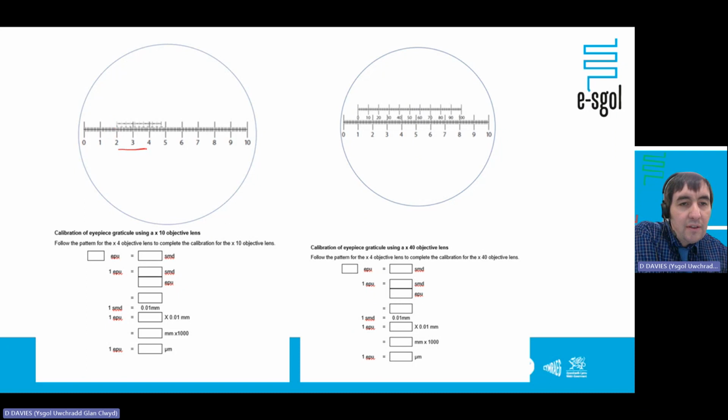So I've got that many stage micrometer units, and I've got 10, 20, 30, 40, 50, 60, 70-something of those eyepiece units. So number of eyepiece units, number of stage micrometer divisions. SMU divided by that equals 0.01. So I need to put that number in there and then multiply it by 1,000 to get me that.